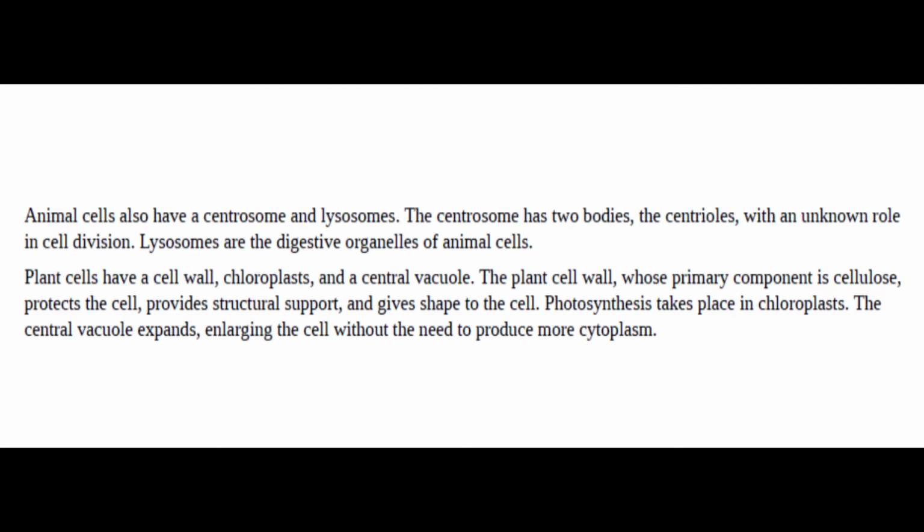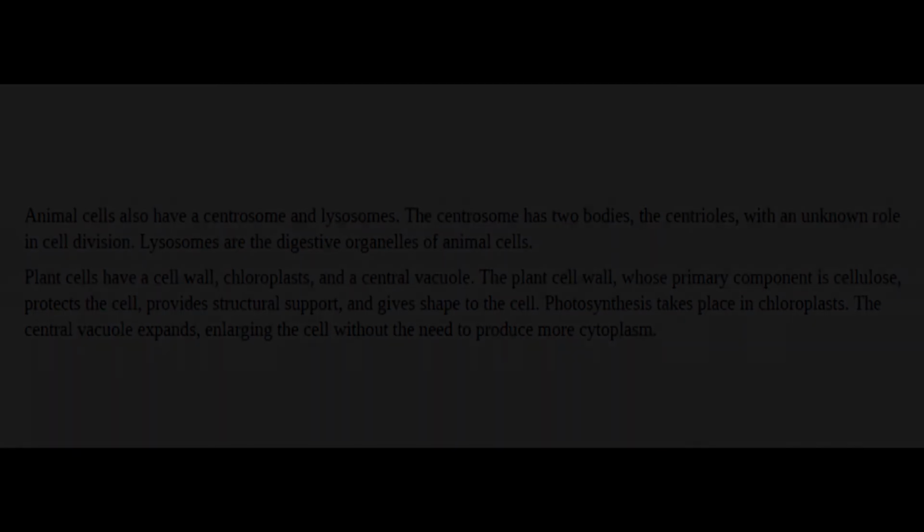Plant cells have a cell wall, chloroplasts, and a central vacuole. The plant cell wall, whose primary component is cellulose, protects the cell, provides structural support, and gives shape to the cell. Photosynthesis takes place in chloroplasts. The central vacuole expands, enlarging the cell without the need to produce more cytoplasm.